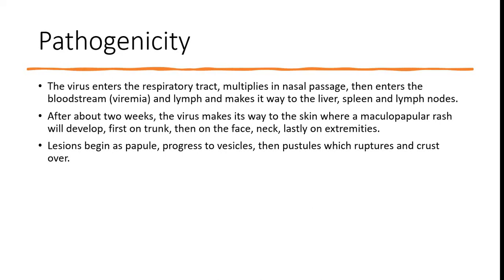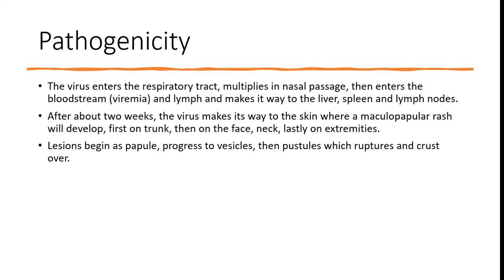So it becomes systemic, basically, between the liver, spleen, and lymph nodes. It's going to take a couple of weeks to get through all of these steps. As it's moving through, people are going to be asymptomatic, but they still have the virus inside replicating. So in these 2 weeks, they're actually transmitting it through the respiratory droplets.